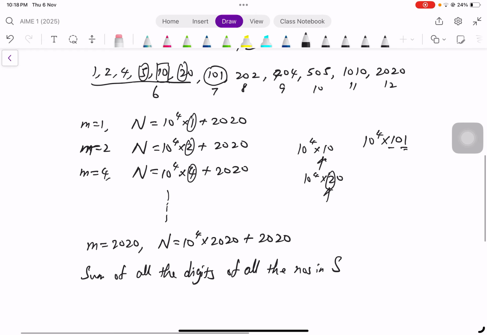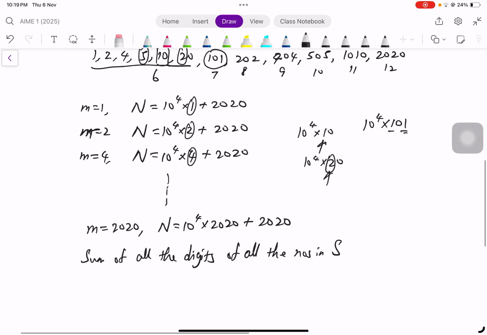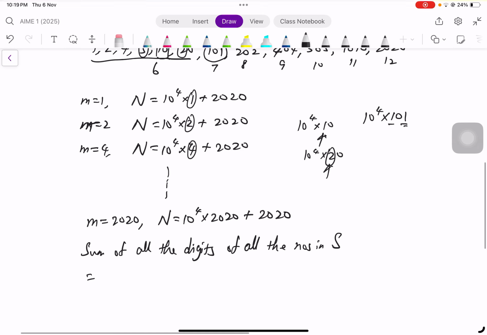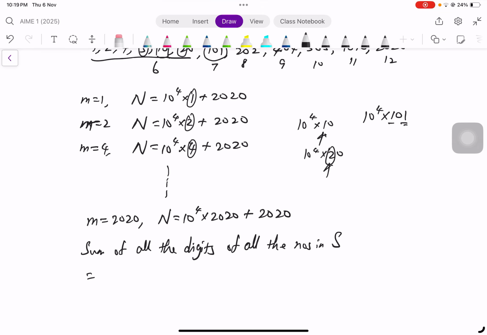The way you count is the digit sum of this part. It is 1 plus 2 plus 4, and when it comes to 5, it would be 5. When it comes to 10, it counts 1 only.